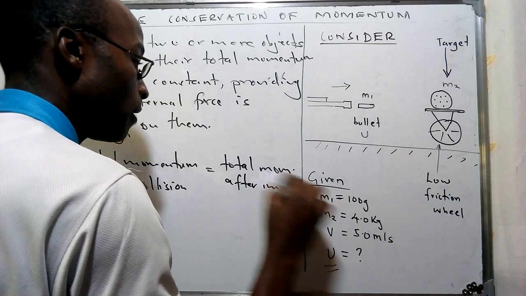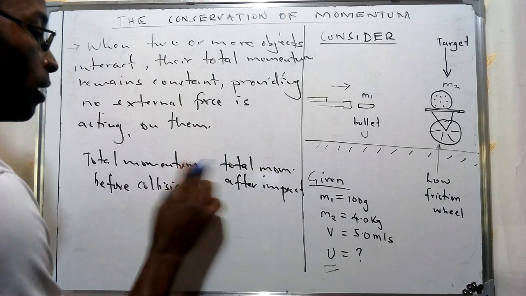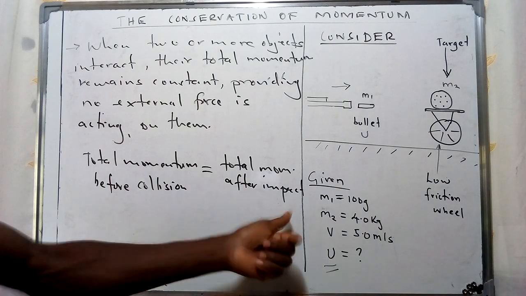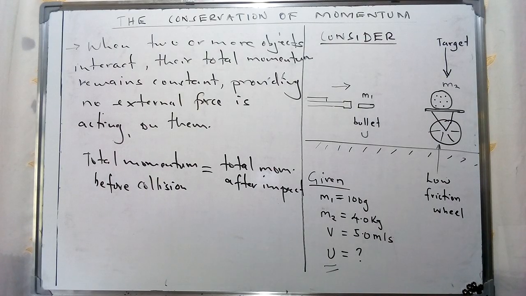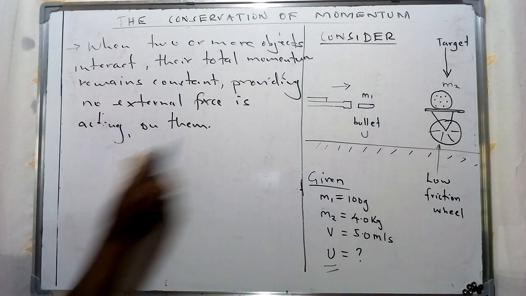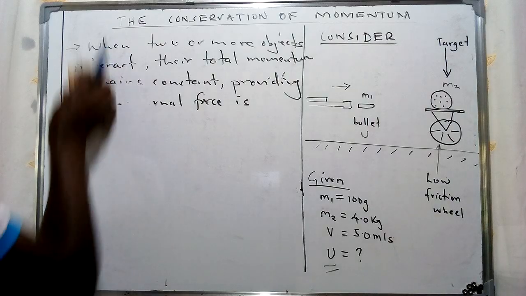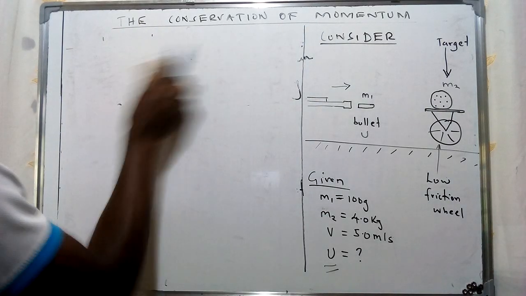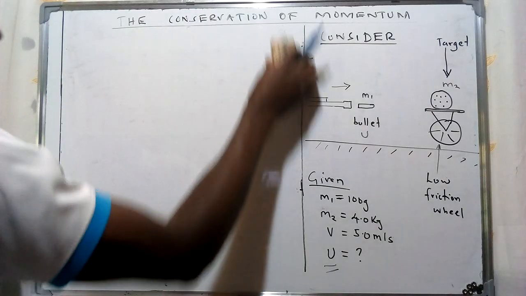This is going to be relevant in most of our applications, whereby we consider momentum as a product of the two quantities, mass and velocity. In our case here, the product of mass and velocity of the bullet is equivalent to the product of mass and velocity of the target.